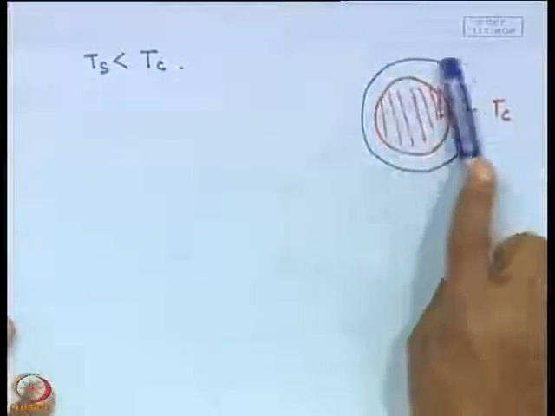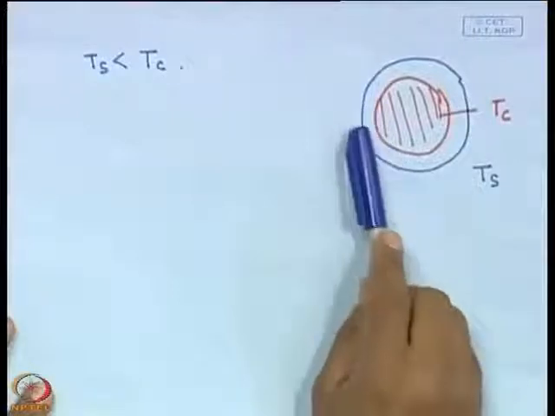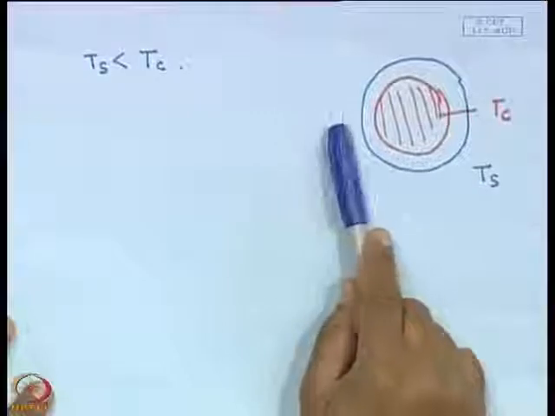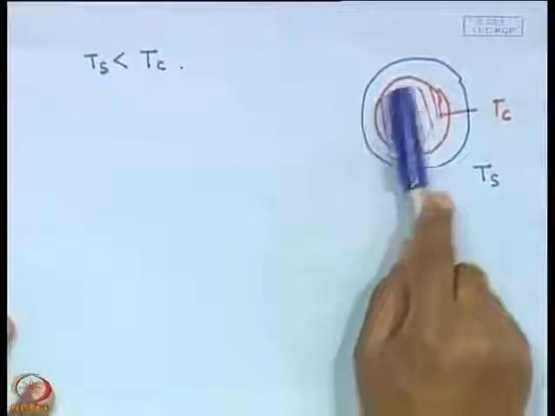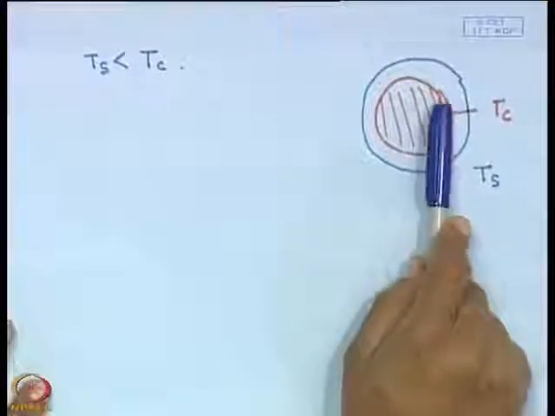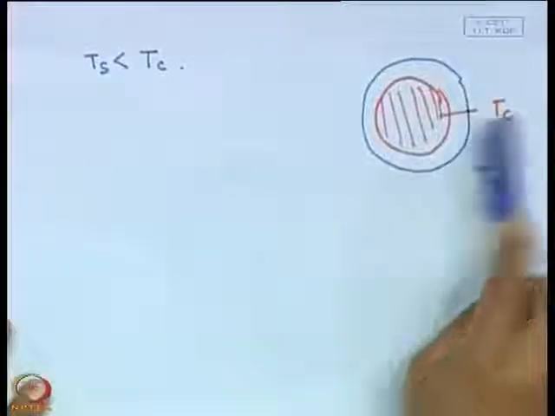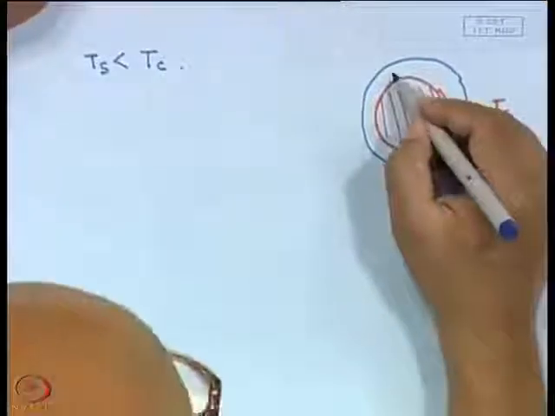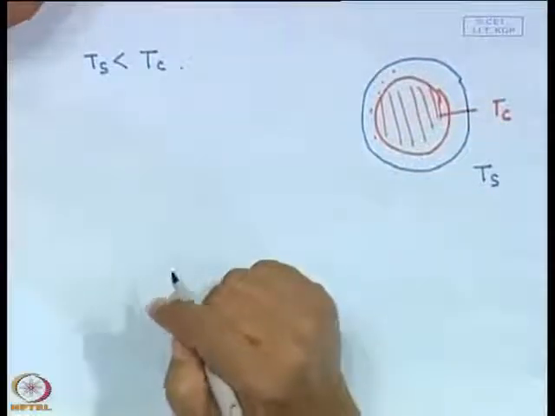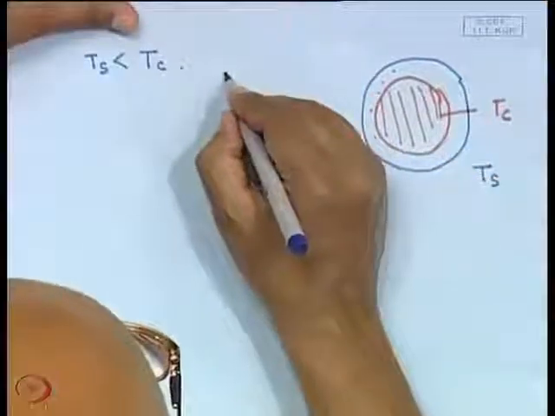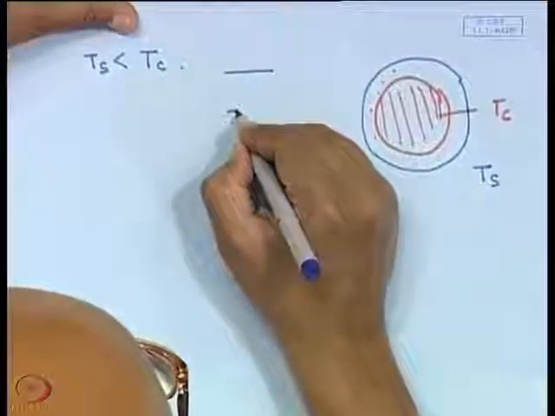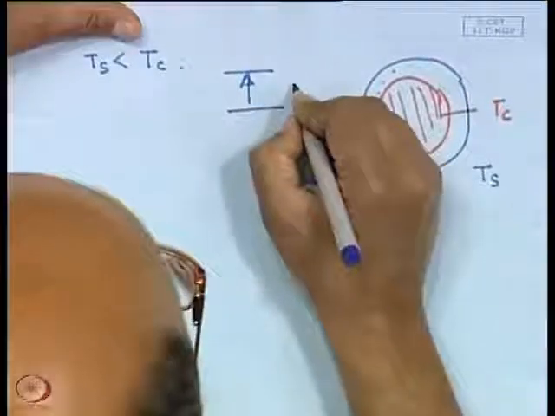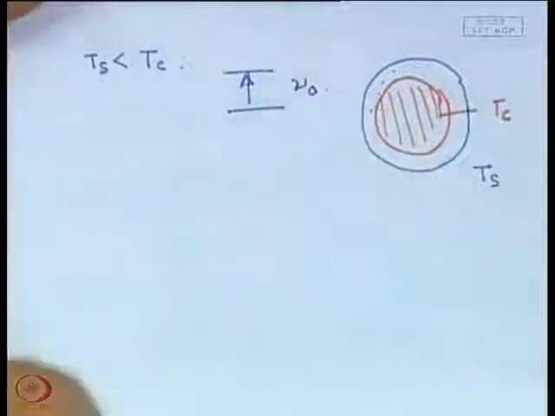The atmosphere, the outer shell of the sun, where the optical depth is less than 1, is at a lower temperature Ts. As you propagate inside, the optical depth increases, and when it becomes 1, we think of it as an opaque sphere inside it at a higher temperature Tc. And let us assume that this shell is filled with a gas which has two energy levels, and the transition between these two corresponds to a frequency nu naught.